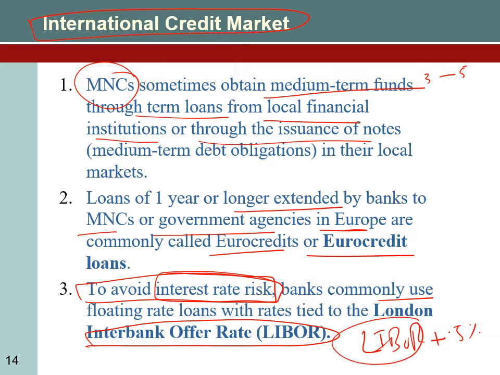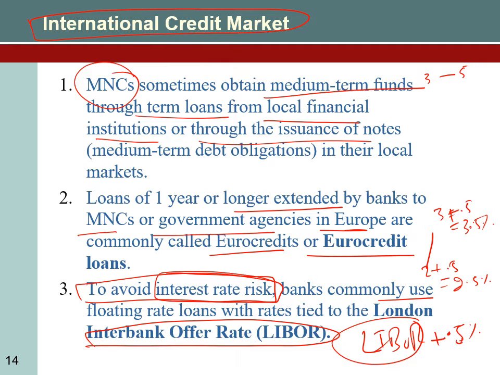Whatever is the interest rate issued by the London Interbank Offer Rate, we're gonna add 0.5 to this. For example, if LIBOR is 2%, then we would be charging 2.5%. If LIBOR increases 2 to 3, then we will be charging you 3.5%, right?